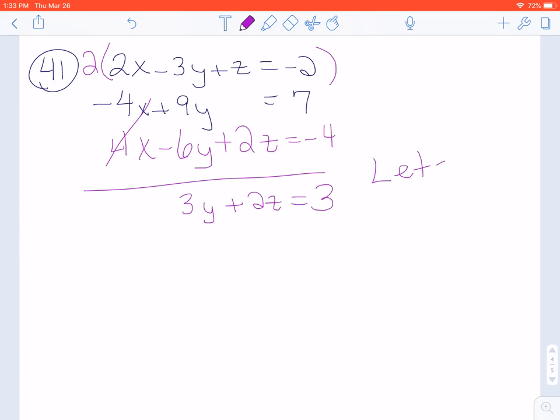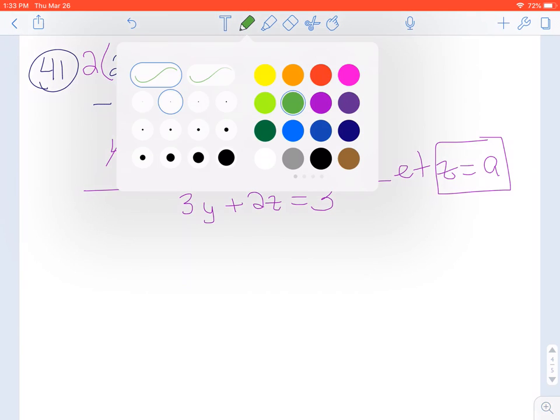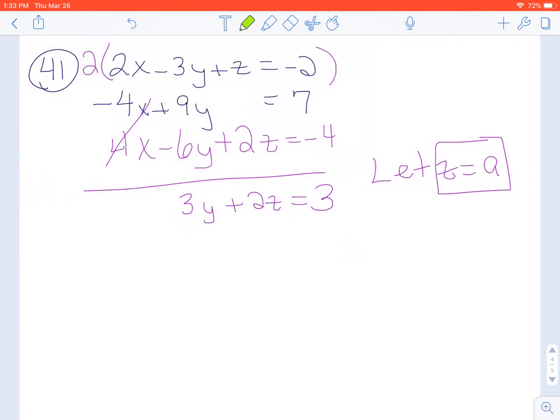So we would then say let z equal a. That's our first statement. So you've used elimination once. You have this 3y plus 2z equals 3. Generally, we start with that last variable and let that be a. So now z is a. We go into the new equation that we created, 3y plus 2z, where z is now a, and that's equal to 3.